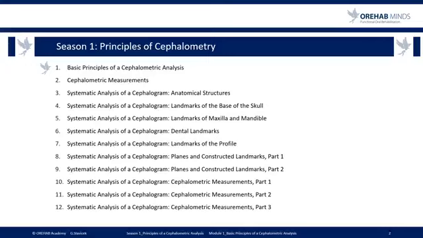Here the overview about Season 1. Principles of cephalometry. We start with the basic principles of a cephalometric analysis. Then we talk about the principles of cephalometric measurements. Then the systematic analysis, starting with anatomical landmarks, the landmarks of the base of the skull, the landmarks of maxilla and mandible, dental landmarks, and the landmarks of the profile.